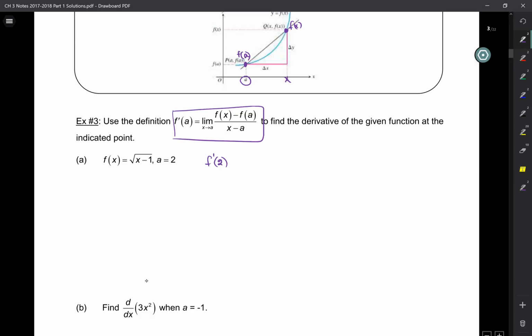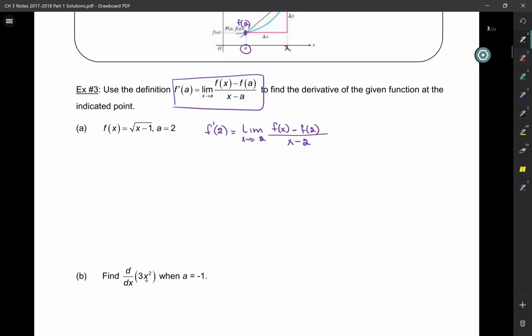f prime of 2 is equal to the limit as x approaches 2 of f of x minus f of 2 over x minus 2. All right? So this is the limit as x approaches 2 of f of x.